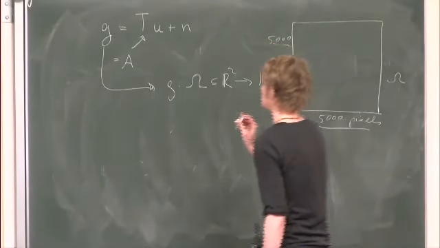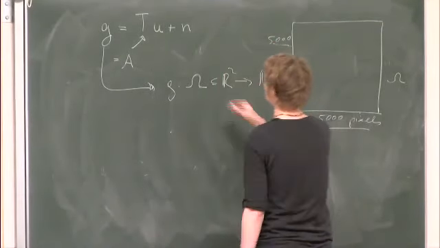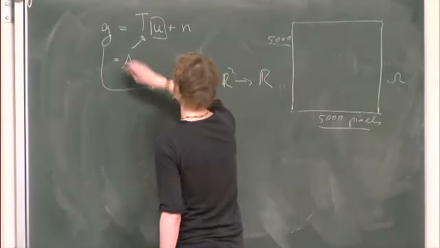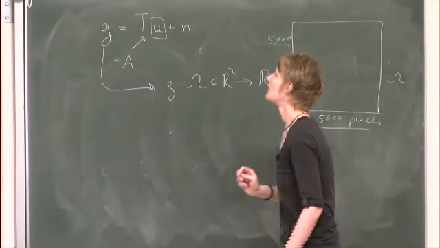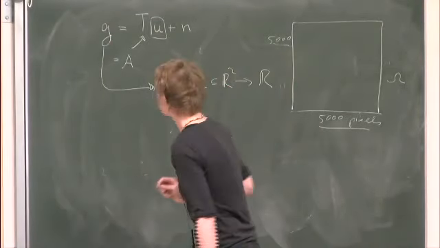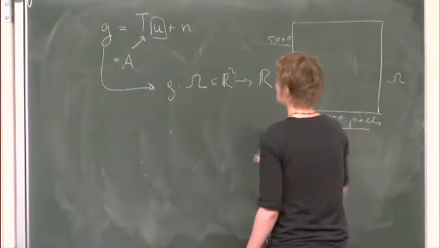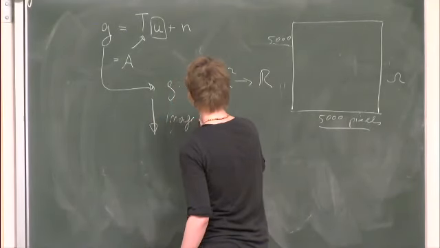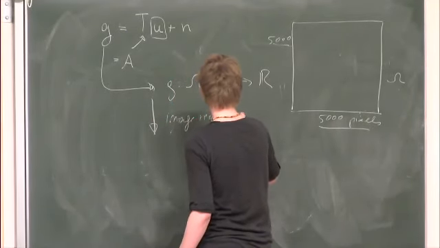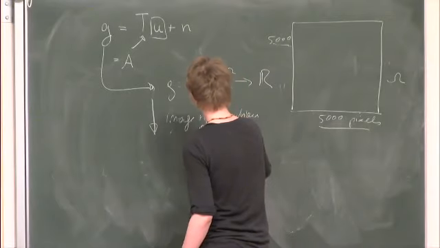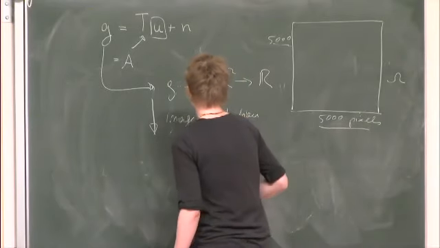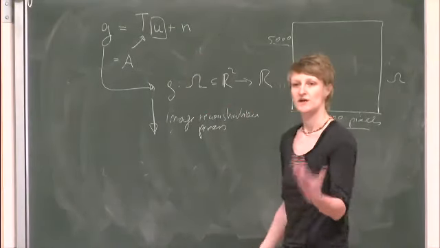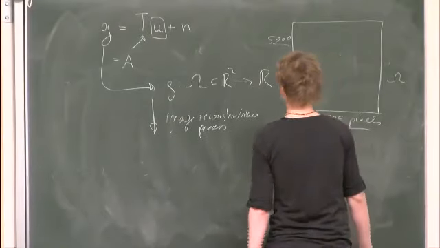Now the strategy is the following. I want to reconstruct U from the observations that I make, which are denoted by G. To do this image reconstruction process, I have to process the image, and this is very expensive if the dimension is large.